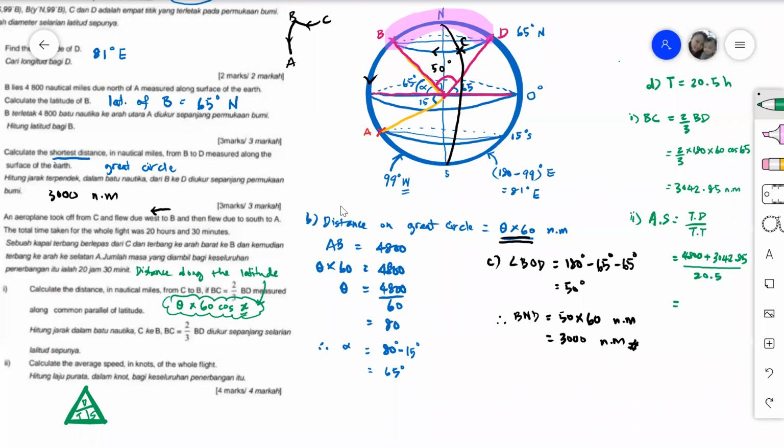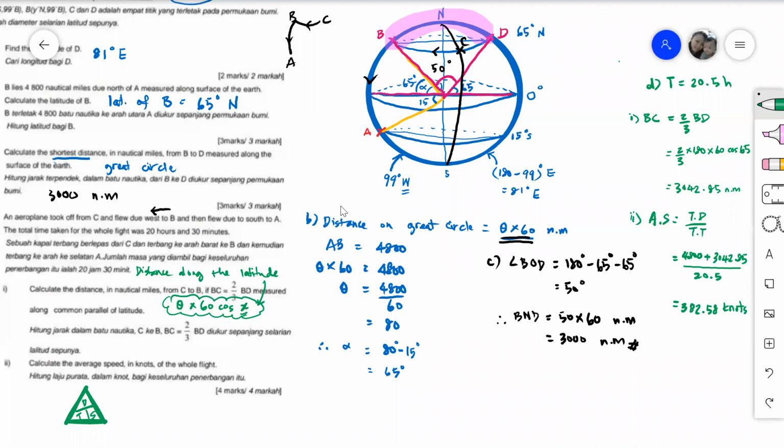Overall, the speed units must be in knots. Just take the calculator and calculate the division of these two values. We have 382.58 knots.